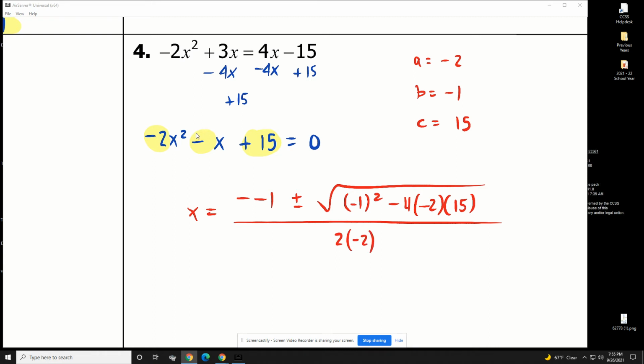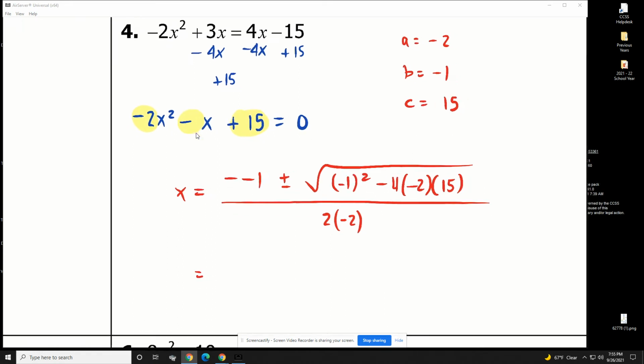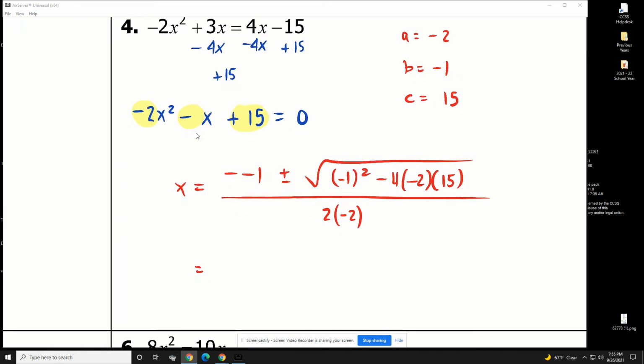So here's the key with this problem. When we simplify this stuff, first of all, what happens to minus a negative? It turns to just 1. Plus or minus. Leave the square root alone. And here's the key. You have to remember when this value of b is negative, you gotta put it in parentheses before you square it.